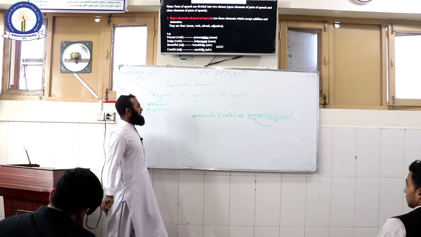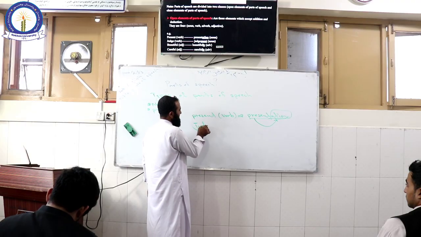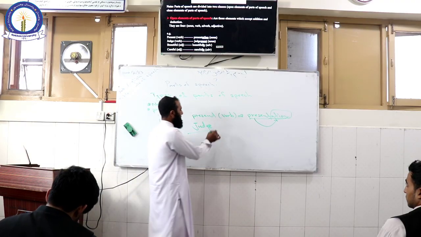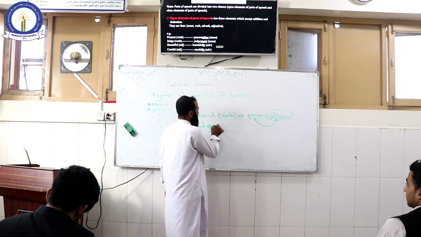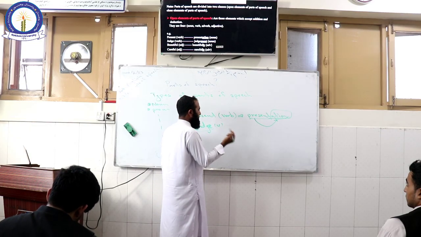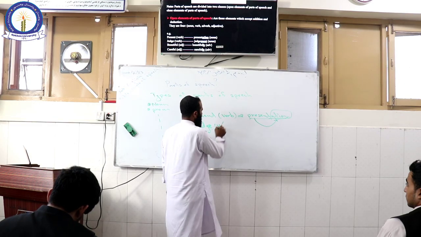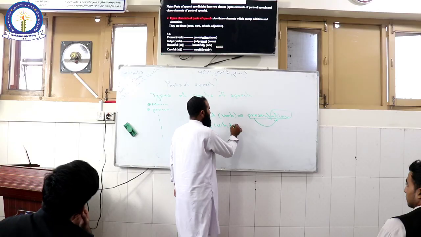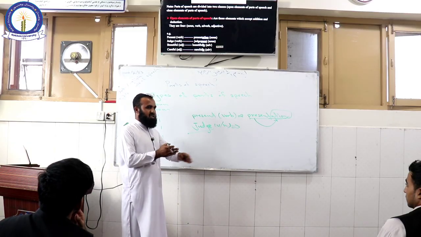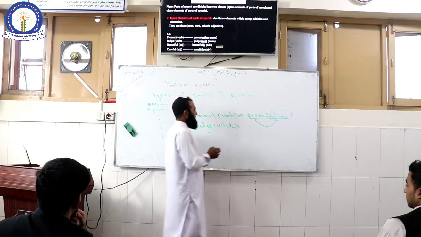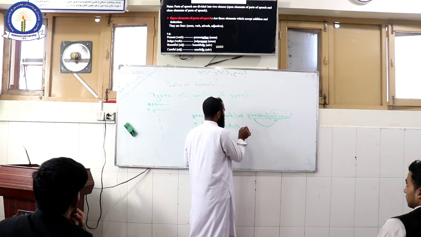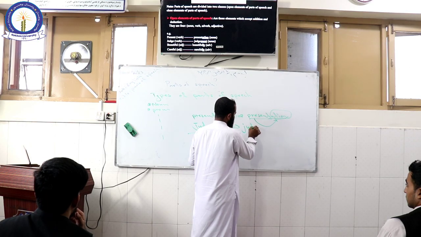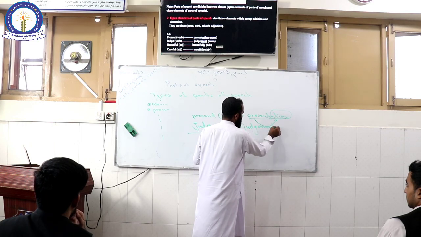And the second one is judge. Judge is also a verb, and we can also use it as a noun, like for somebody. I want to change this verb into a noun, so I want to add something else to the word judge: judgment.